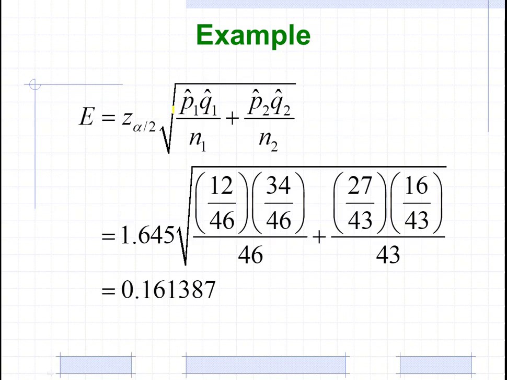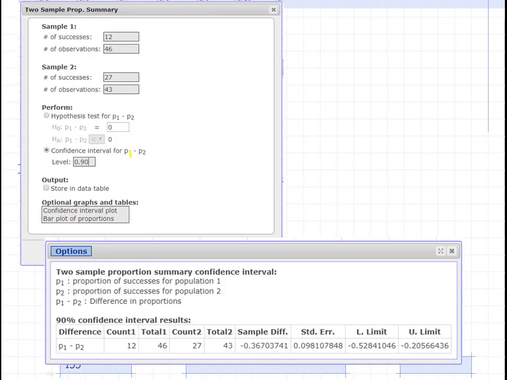So we're going to calculate the error, and so we come up with our error. Remember our critical Z, we get that off table A2. And so the common critical value for a 90% confidence interval is 1.645. And again, here we did it on StatCrunch.